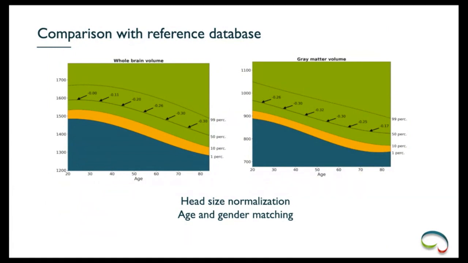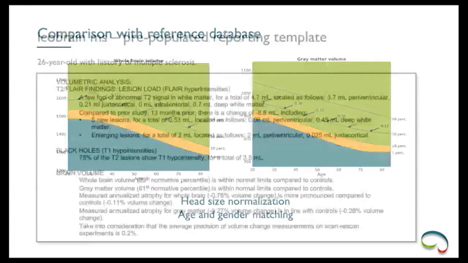And this age effect is shown in these graphs on this slide, where you see that the whole brain atrophy is about 0% around 25 years of age, and it increases further up to 0.3% for ages above 75 years.